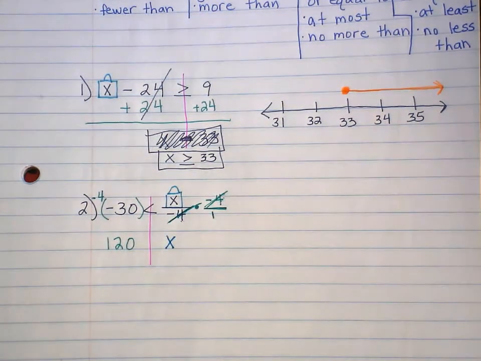But what is so crucial with inequalities? Do you guys remember the rule? Okay, I'm going to write it in red like I always do because this is so important.